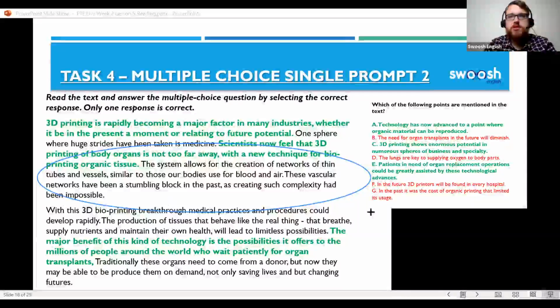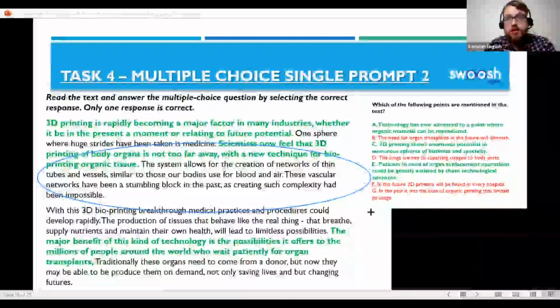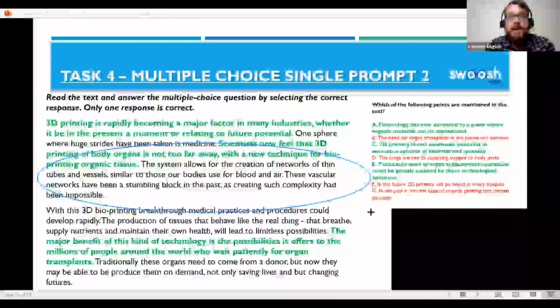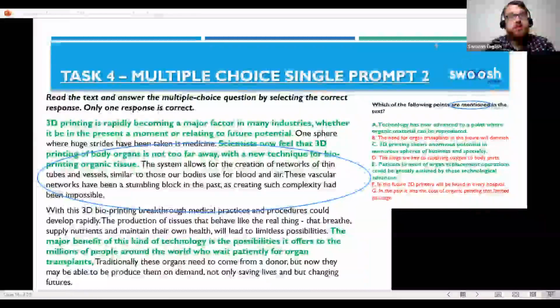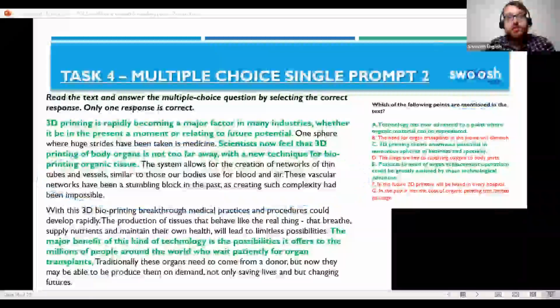There's nothing that refers here to lungs at all. We're not talking about the human body necessarily. We're talking about these 3D printed organs. So once again, there's nothing which refers to D being a correct answer or incorrect answer. It's just not referenced. Therefore, it's not mentioned. Remember, keyword, it's not mentioned. Therefore, we can remove that as an answer.